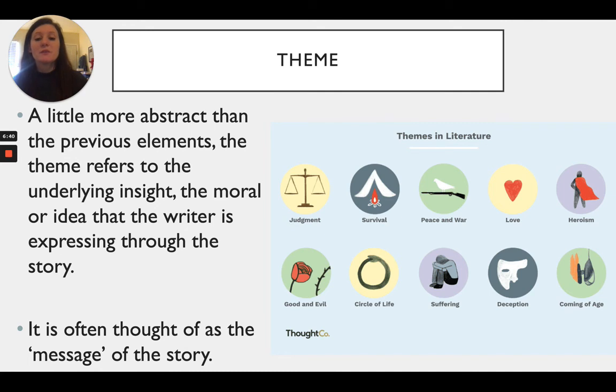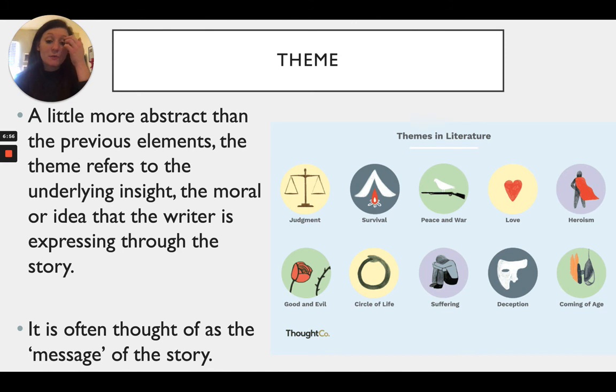So you could have a theme about judgment or on how to survive or peace and war. You could have a theme on love, on heroism, so like being that hero that comes and saves the day.